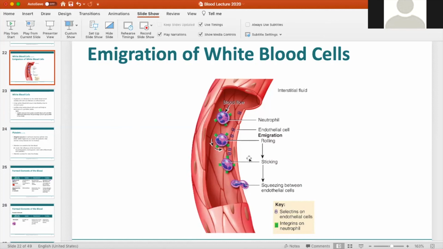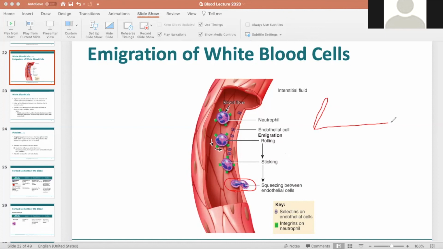So what we have here is this endothelial layer of the blood vessel, and in this one picture we're seeing a white blood cell here, and it's going to roll, it's going to marginate along the vessel wall, and then it's able to squeeze outside of the blood.